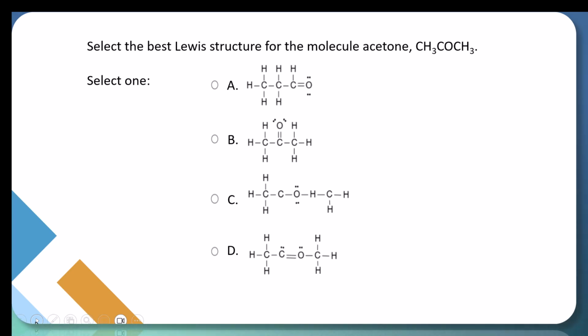But by around 2019, I was essentially making these quizzes in Moodle, and this was where we were at. You can see here it says, select the best Lewis structure for the molecule acetone. That's a different process than being able to take that condensed structure and draw the Lewis structure from scratch. So I realized there were limitations to my Moodle quizzes.